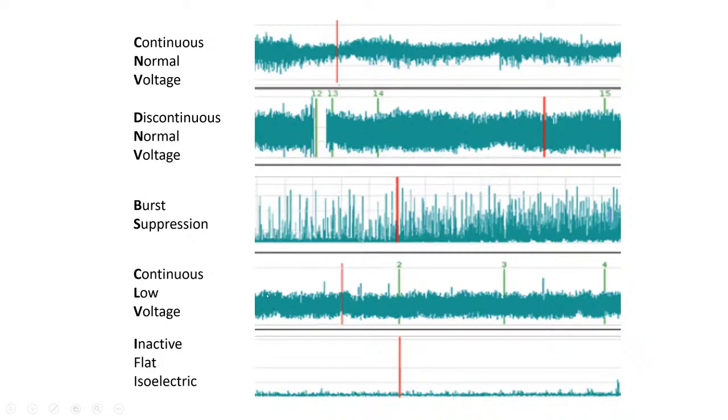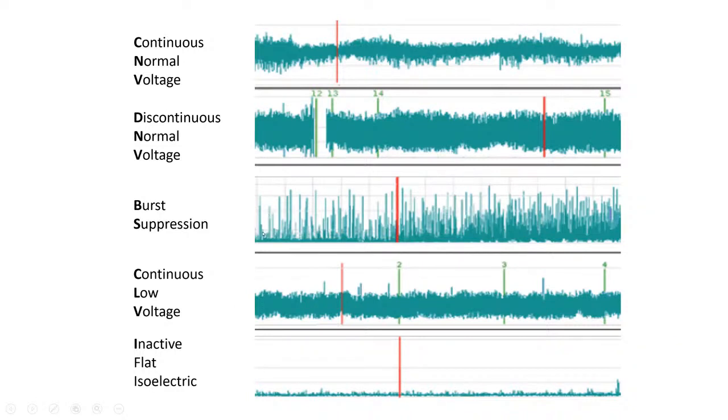So we want to think about an injured brain on this spectrum, from normal activity to a little bit of a lack of normal voltage, so the drifting. Then we want to think about overall, how strong is the brain? Does it even make any bursting at all? Is it ever reaching above 10? If it's not, then it's very bad. And then of course our flat or isoelectric, even worse.